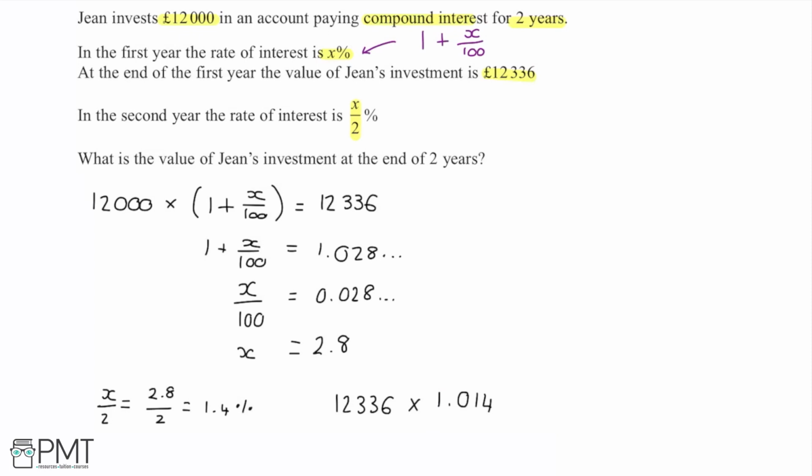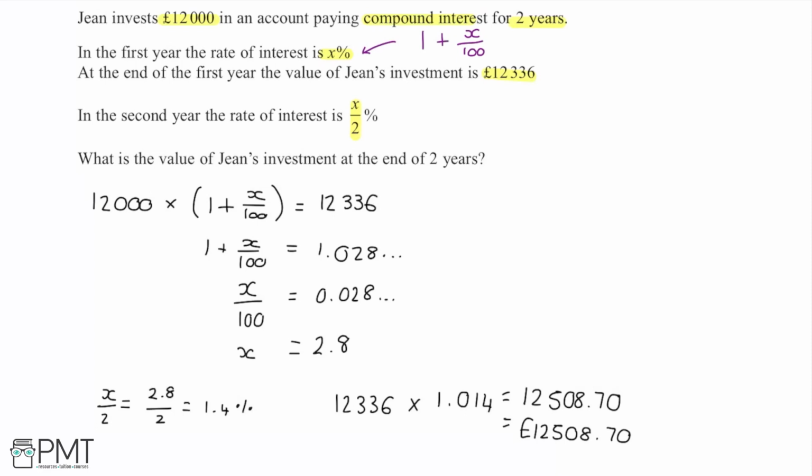And this is going to give me a final answer for the value of the investment at the end of the 2 years, and that is going to come out as £12,508.70 here as my final answer, and that is going to gain me the marks for this question.